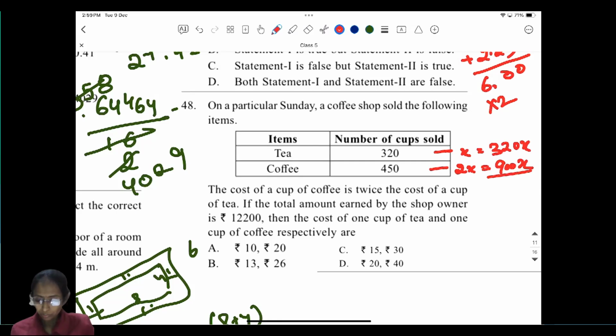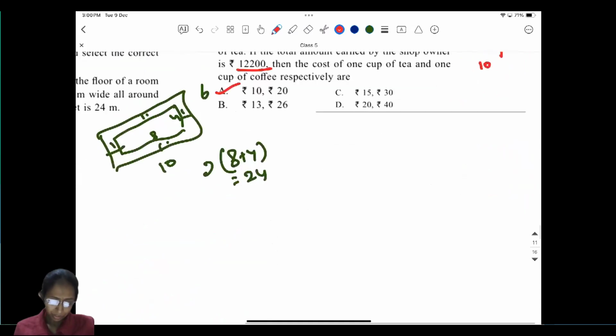So adding both of them, we are having 1220X. Now, we can see that the total amount 1220X is equals to 1200. That means this is multiplied by 10. So the value of X is coming to be 10. That means the cost of the tea is 10. Then the cost of the coffee is 20. Okay. Now the next one.